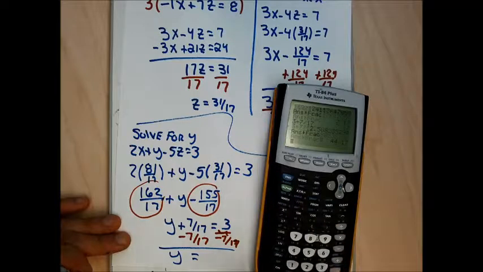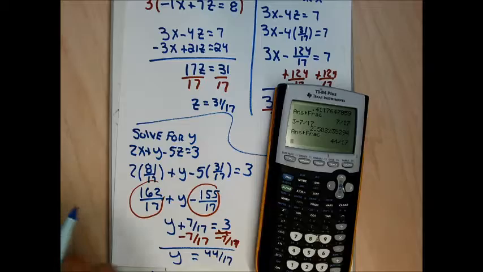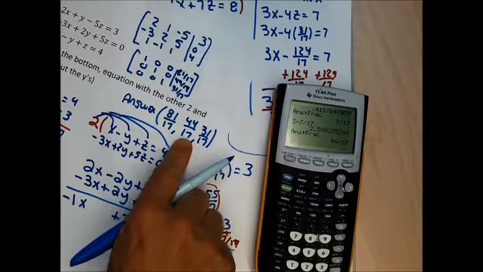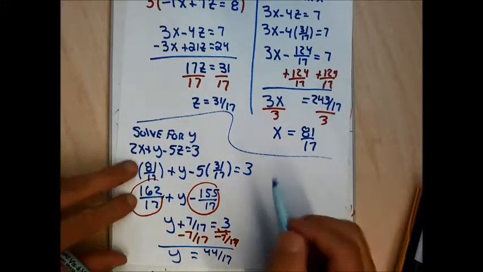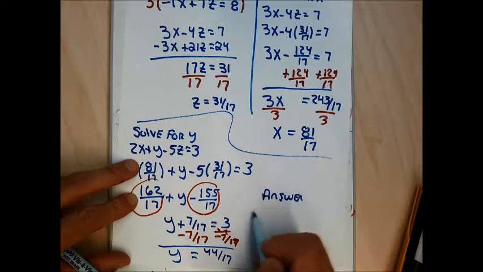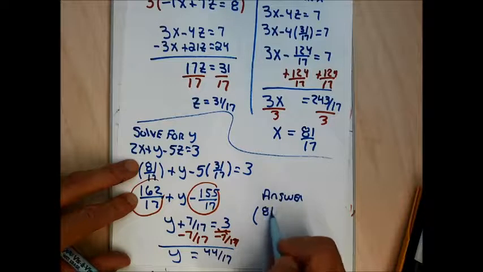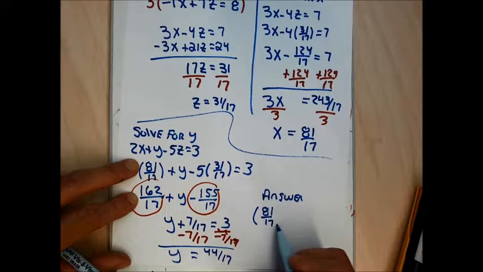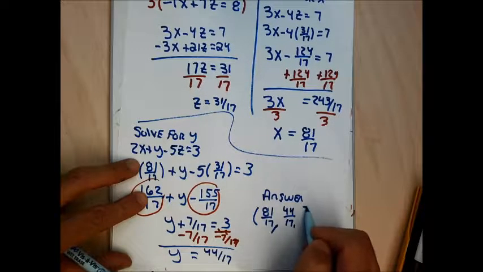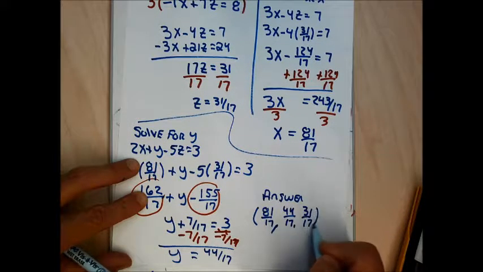Math, enter, enter, and I get y equals 44 over 17, which is good because when I did the problem earlier, I had 44 over 17 for the y. So I can just write my answer again on this sheet, even though I've already written my answer on the other sheet. The answer is x equals 81 over 17, y equals 44 over 17, and z equals 31 over 17.